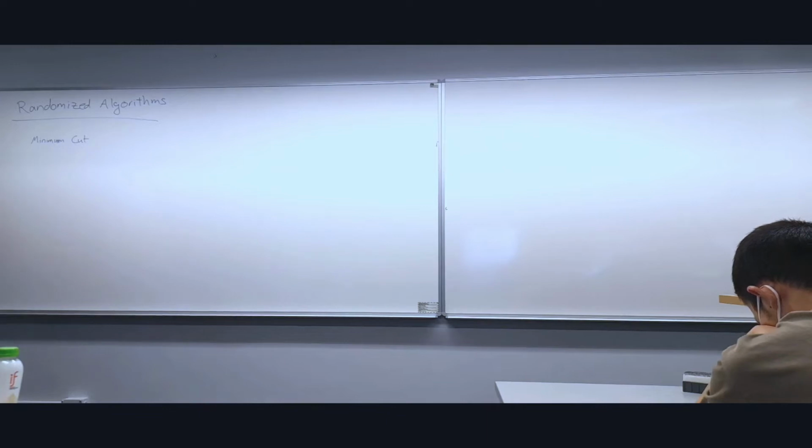Let's say that I have a graph, and let's say that this graph has vertex set V and edge set E. And let's say it's undirected. And to simplify matters, let's say we don't have any weights, but I can have multi-edges.